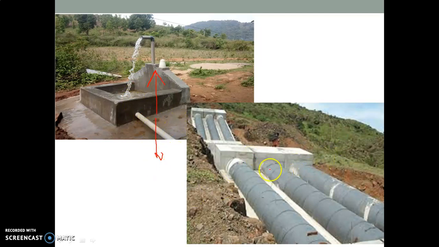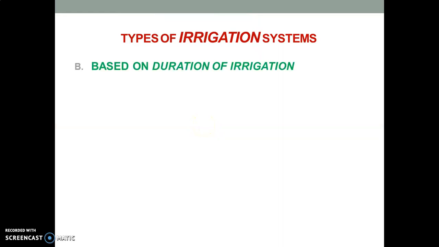Now in the second type, there is a river at a lower elevation, and with the help of large power pumps, water is transported with the help of pipe from these pumps to a higher elevation above the mountain, and the agricultural fields on the higher elevation are then irrigated.